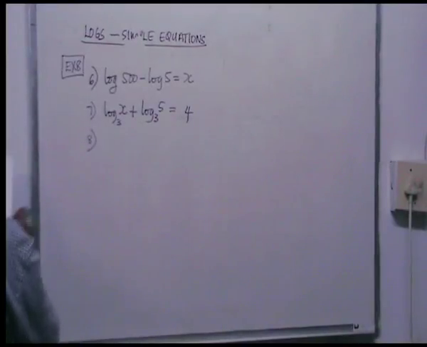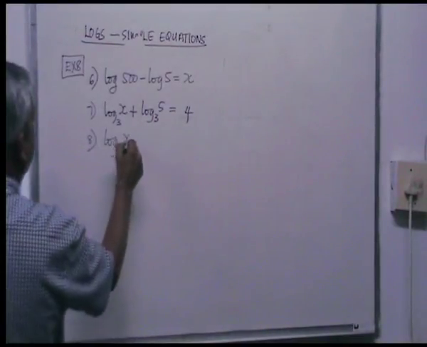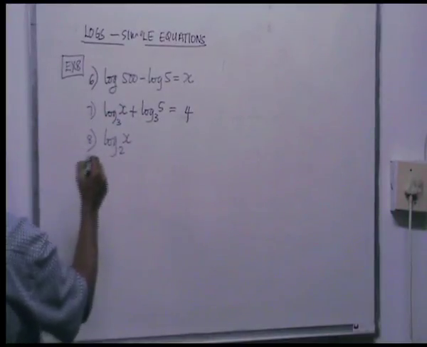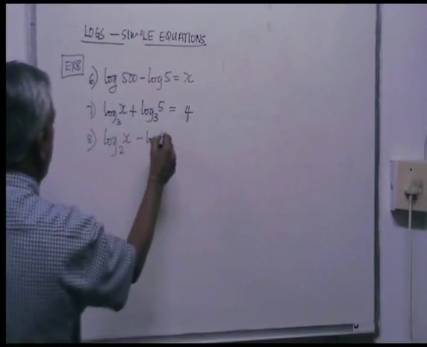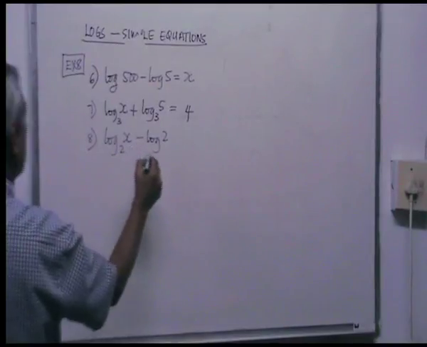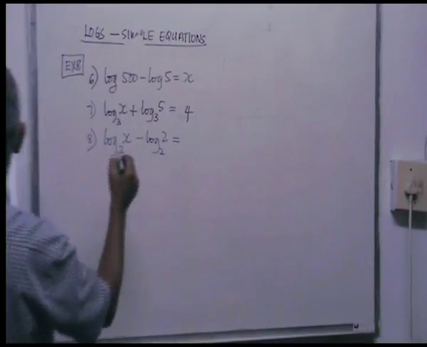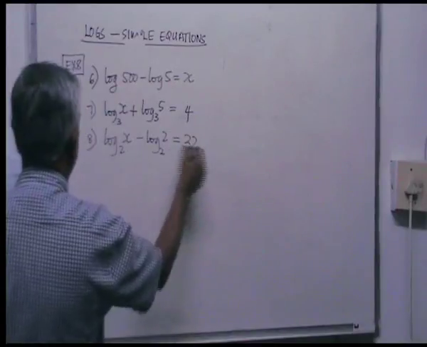Number 8, log of x to the base 2 minus log of 2 to the base 2 is equal to 32.